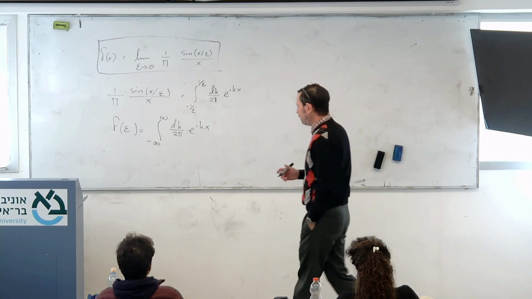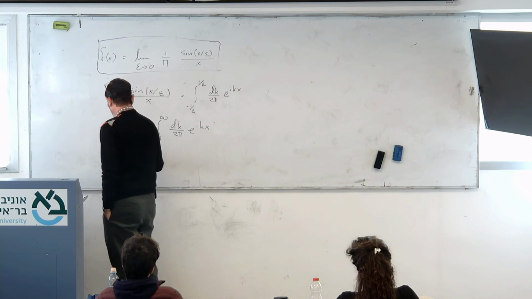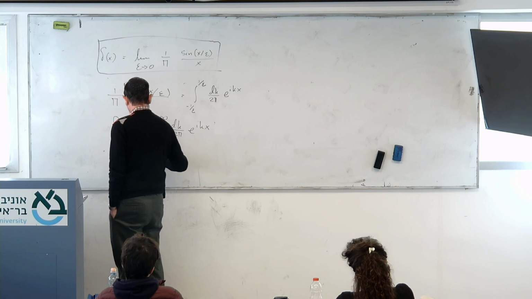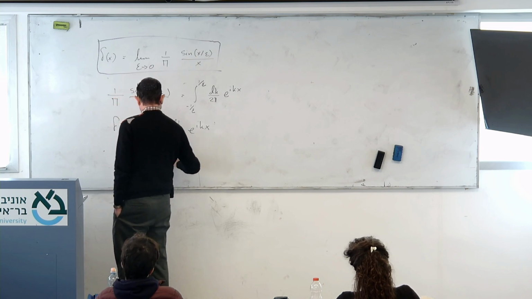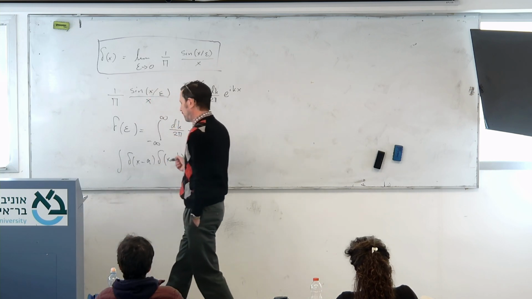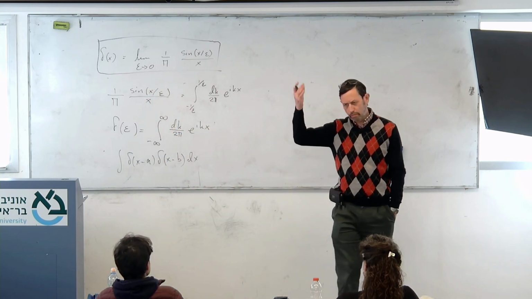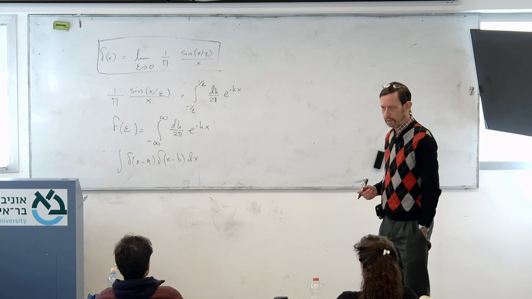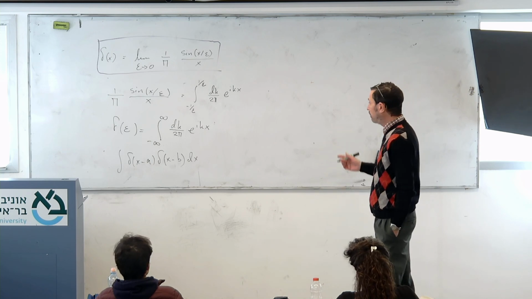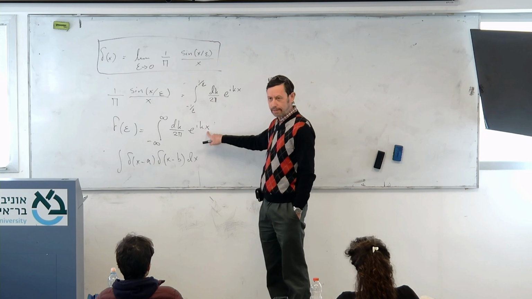You remember that we had this integral, we wrote it, which is delta of a minus b. Let me prove it using this identity.